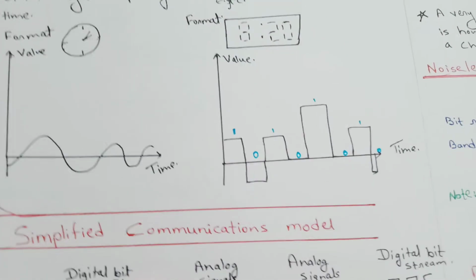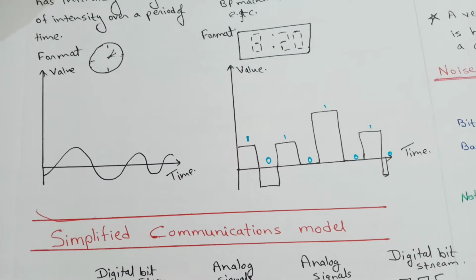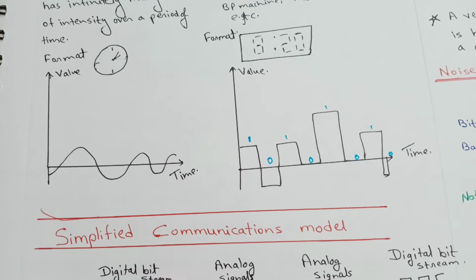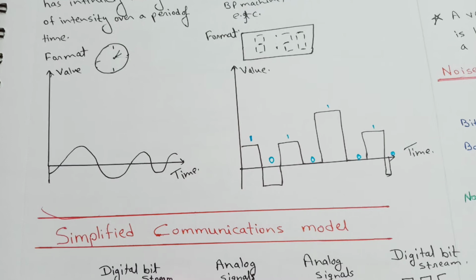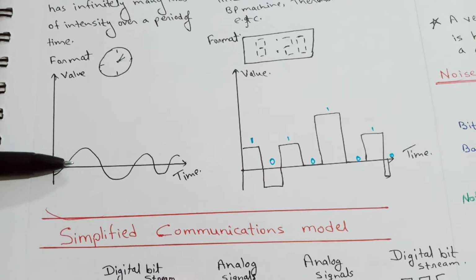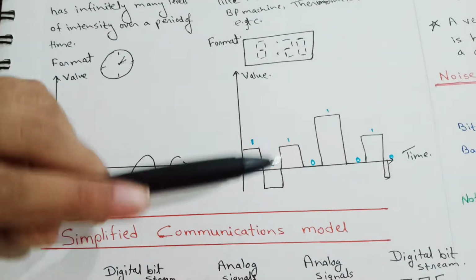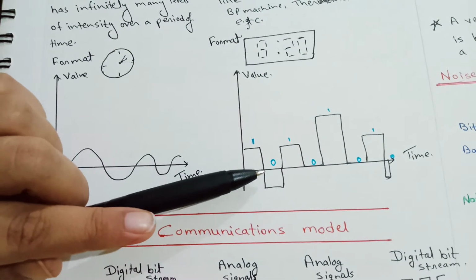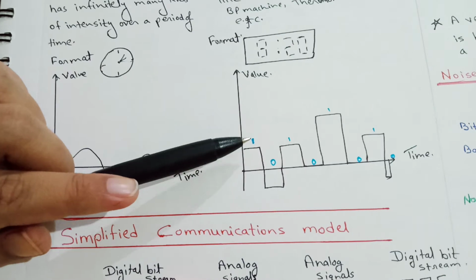Then we can see the diagrammatic representation of analog and digital signals. This is analog, it is continuous, and this is digital, it is discrete, either 0 or 1.